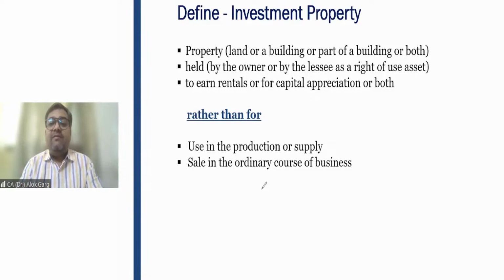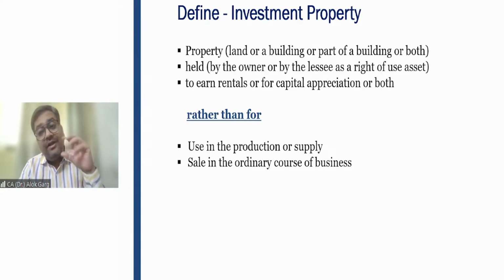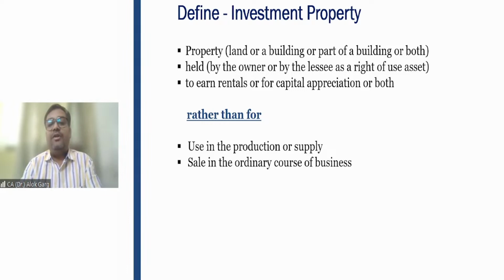So the objective of this company is to earn a profit by selling these assets in the ordinary course of business, right? It is not investing. The bread and butter of this company is to earn by way of selling these inventories, these properties.